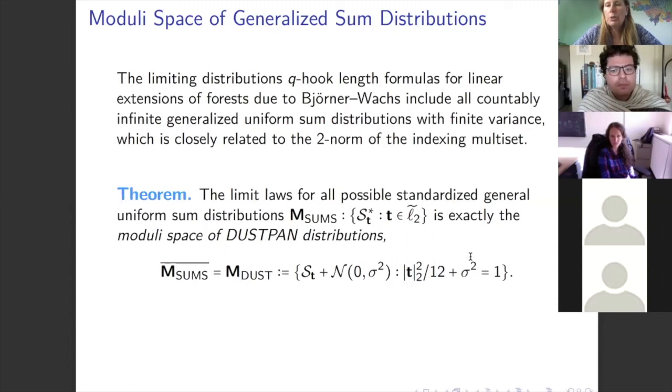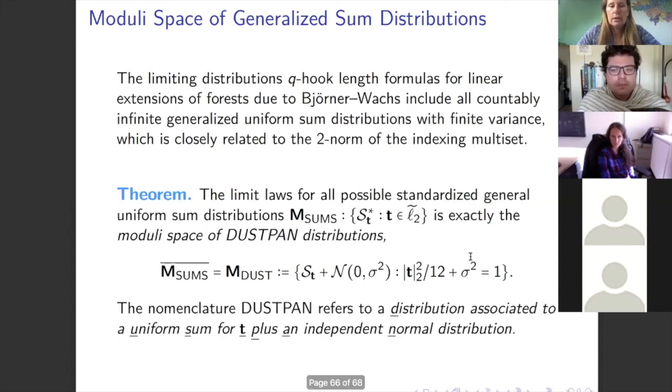That helped us because there was a little gap in the second cumulant that we needed to fill in order to find all of the limits. So that's why we had to stick the normals in there. It might be that you put in a normal 0, 0, which means you're not adding anything, but you can also add other ones too. The dustpan nomenclature comes from a distribution associated to a uniform sum plus t times an independent normal distribution.